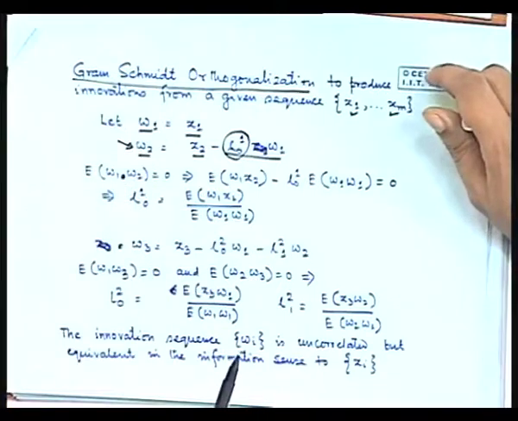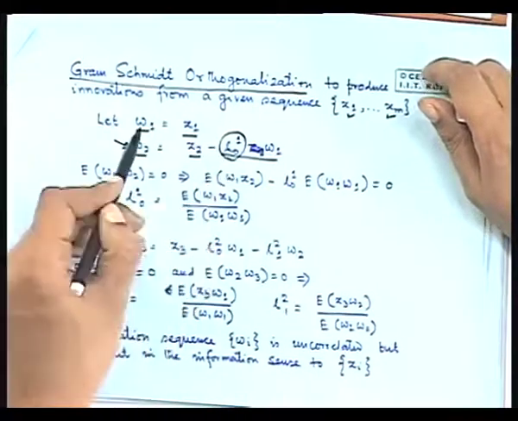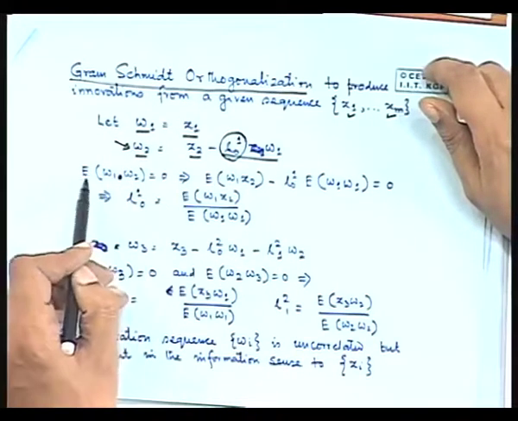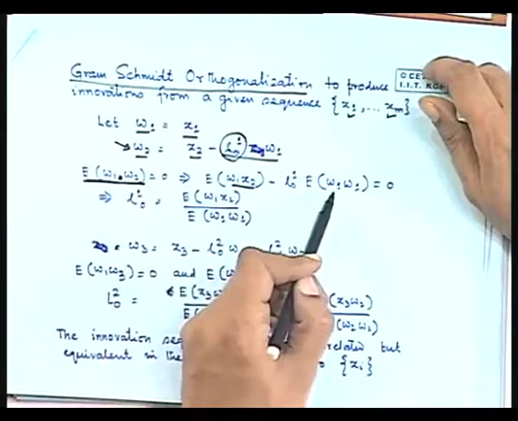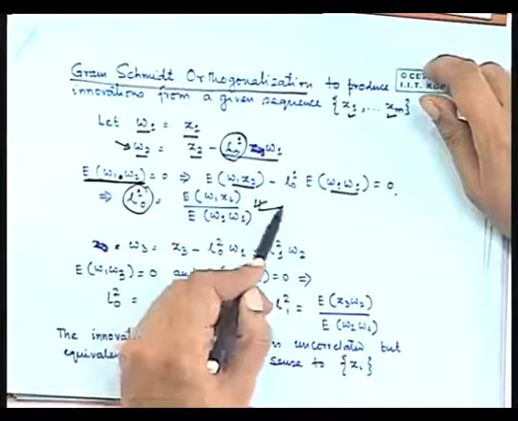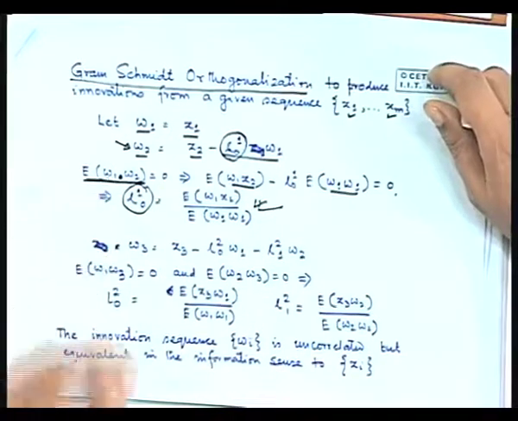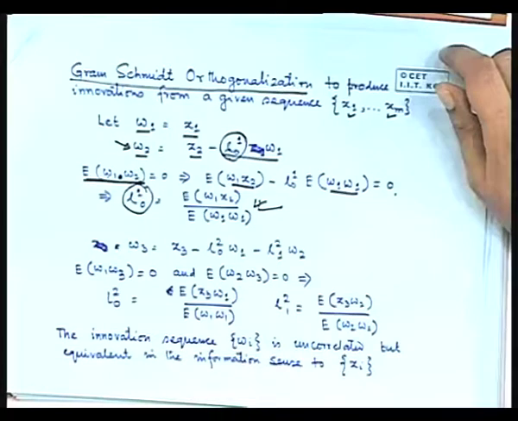That is the question you are asking. How do I choose this weight such that these two are uncorrelated? So if you solve this equation, the expectation of W1 W2, equal to expectation of W1 times x2 minus this, is equal to 0. So if you choose the weight equal to this, it will be 0. So now you have got the second innovation element which is uncorrelated with W1.